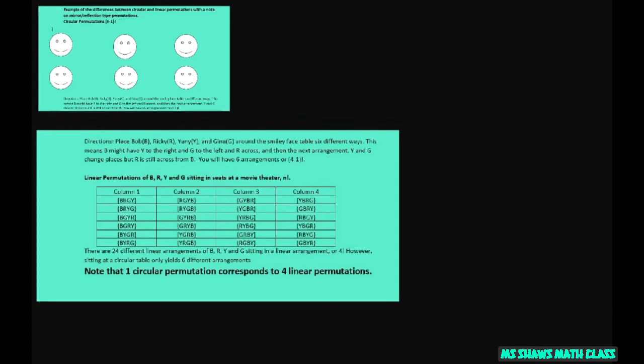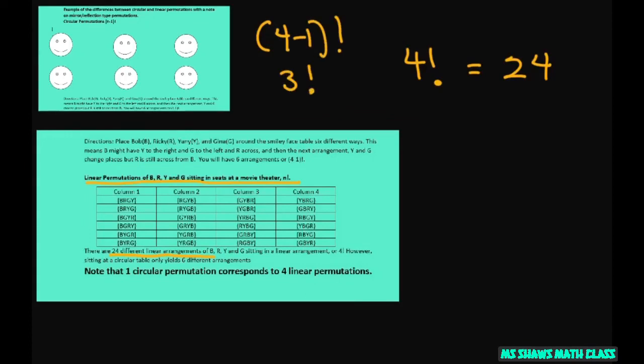Now for these same 4 people, I didn't want to waste your time by writing out all the linear permutations, but that would be a total of 24 different linear arrangements. So 4 factorial equals 24, whereas the same 4 in a circle would be 3 factorial, which gives you 6.